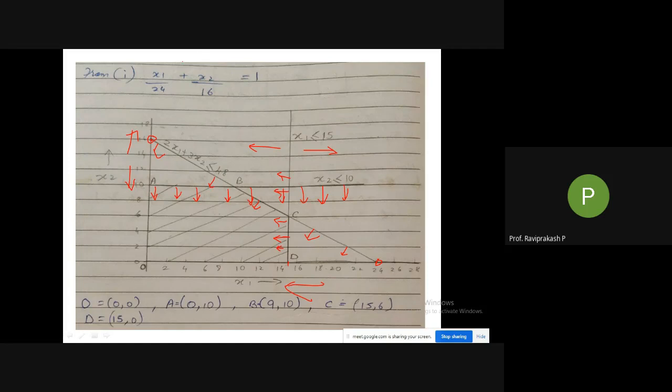This is below this line, this is under this, and again under this. So all the 3 constraints are present in this area.